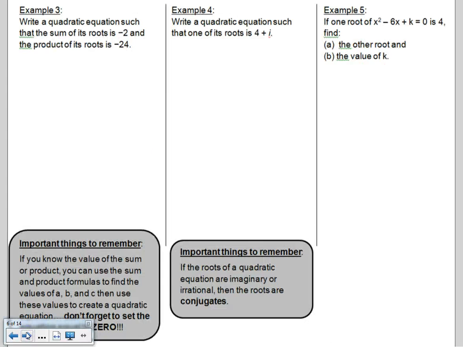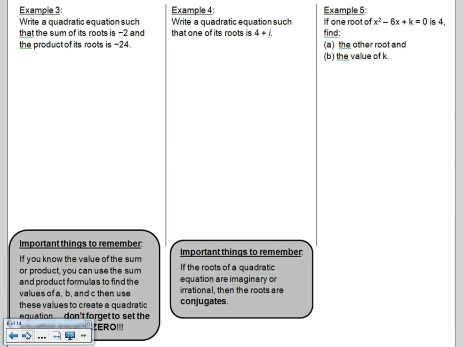All right, those are your typical questions, and here's an extension of using the product and sum formulas. Problem 3 says, write a quadratic equation such that the sum of the roots is negative 2 and the product of its roots is negative 24.